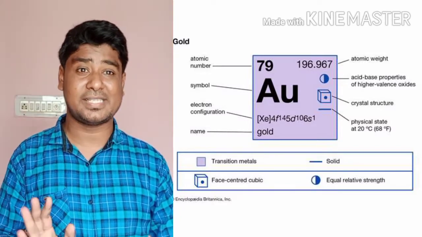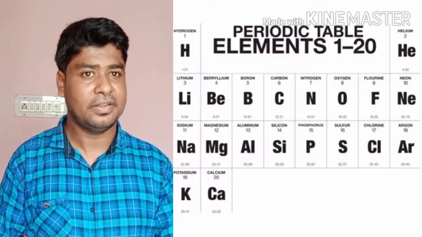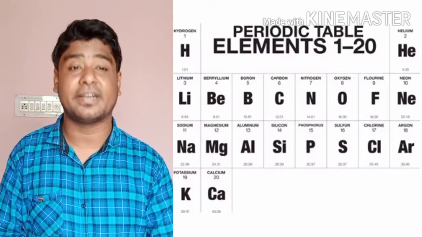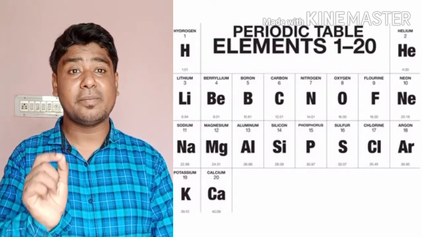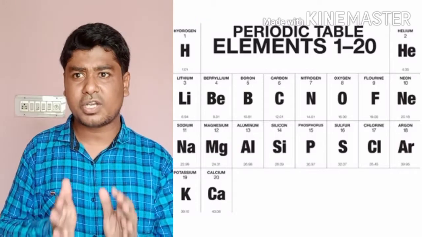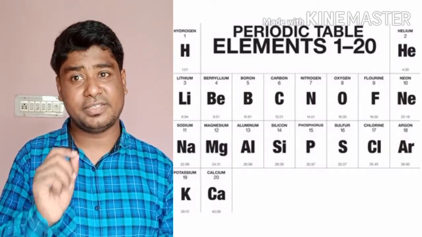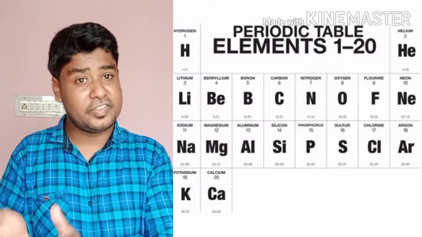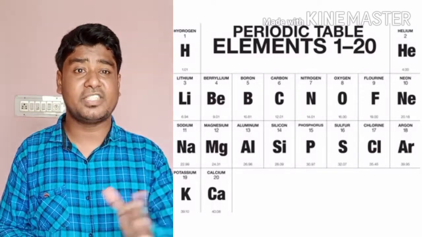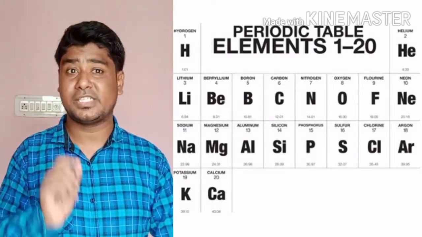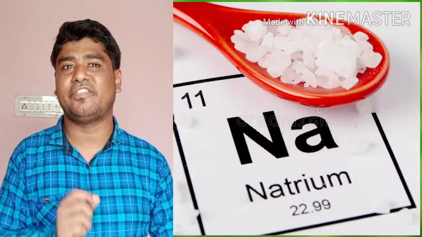Generally the symbols are the first letter, or the first and second letters, of the name of the element. Generally, not all. Some elements don't have a symbol using the letters in their name. For example, sodium has the symbol Na.